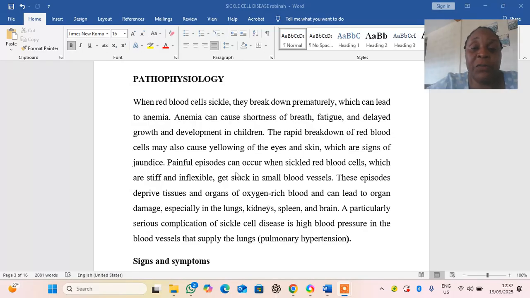So at the end of the day, they break down prematurely. And as they break down, this breaking down of the sickle cell leads to anemia, because the hemoglobin, which is a receptor for oxygen, breaks down. And this person is going to have hemolysis.